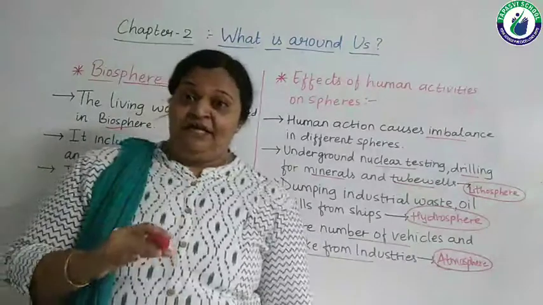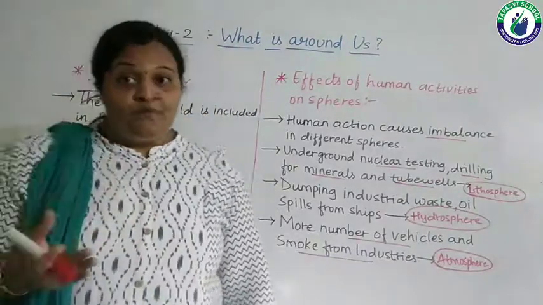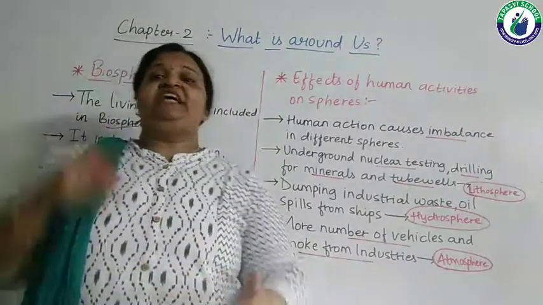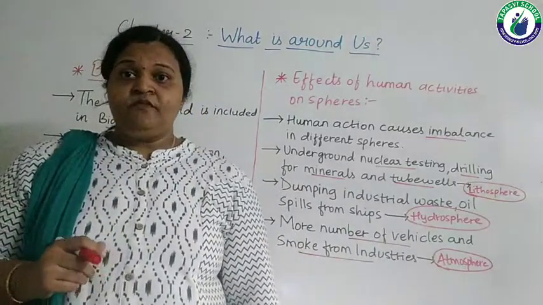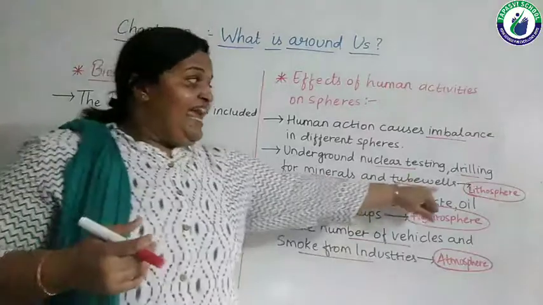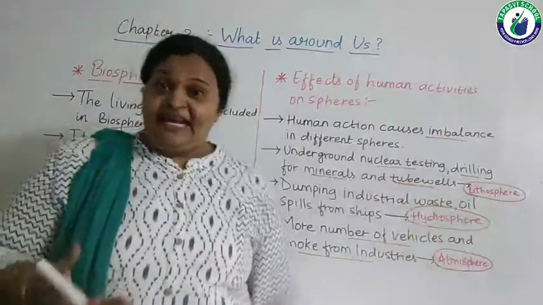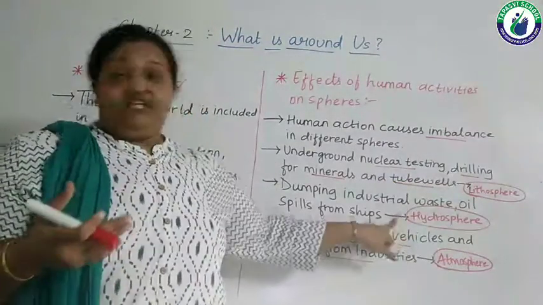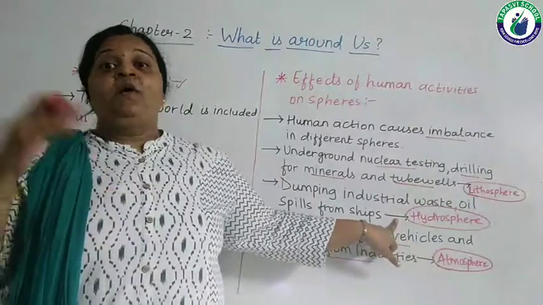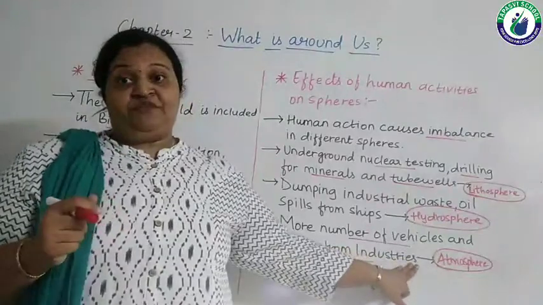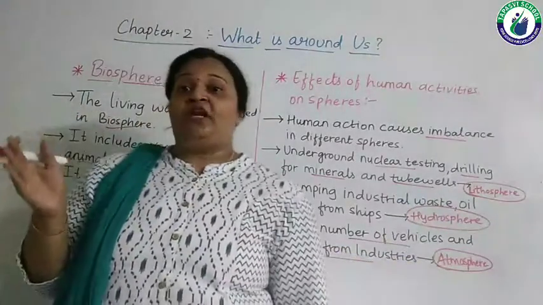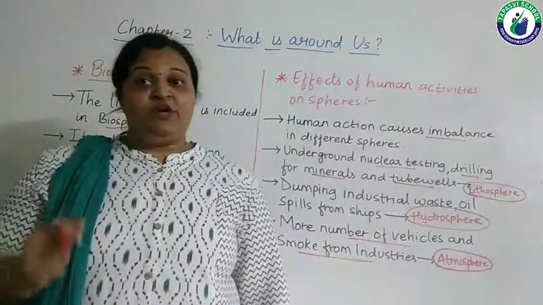As we are harming all these components, obviously the effect of it is also visible on human life. We know well that land has started becoming arid. Water bodies have started becoming more polluted. Even atmosphere is having more number of poisonous gases in it.